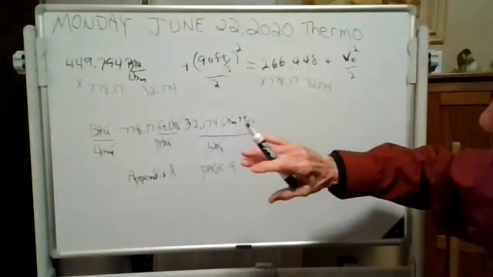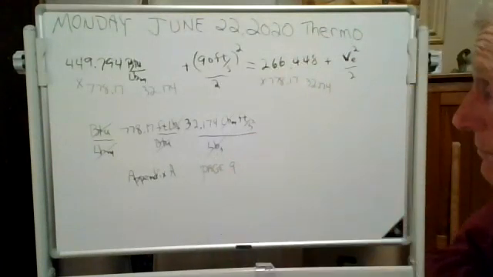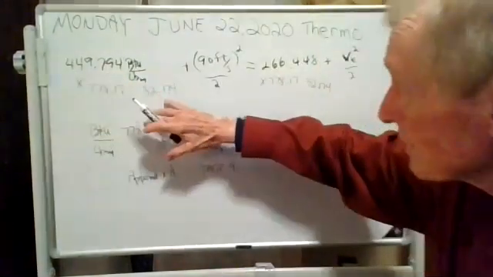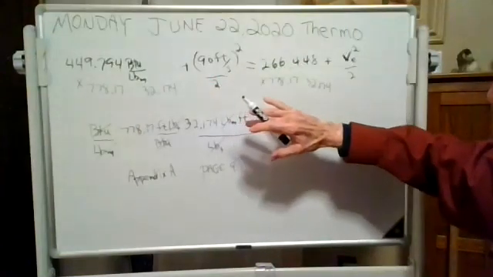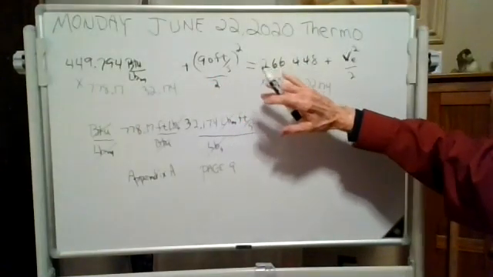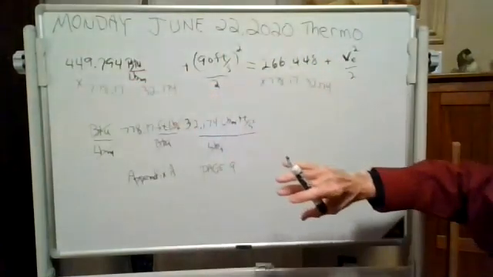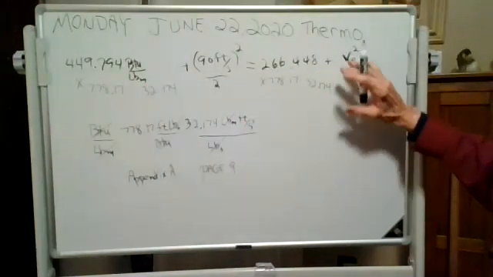But I'm going to take 2 minutes out, and I'll shut up, and I'm going to get my calculator out. And I'm going to multiply that number by that number by that number. Then I'm going to add this number to it. And then I'm going to multiply that number by that number by that number and subtract it from that. And then that's all that's going to be left on the right-hand side of the equation.